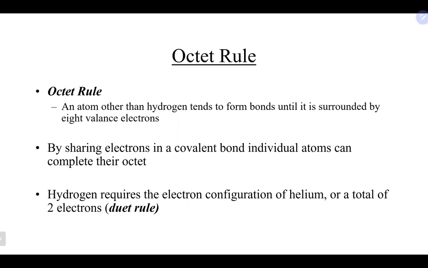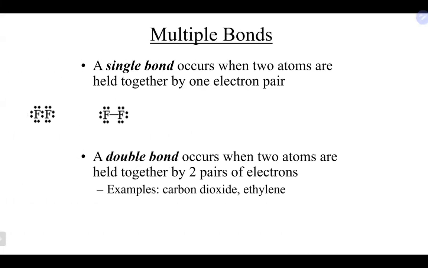Now, sometimes that requires a single bond, and you could get everybody to 8 with just single bonds. Sometimes that requires double bonds to get to 8, and sometimes it requires triple bonds. And we'll talk about the order in which you should try to draw these things. You shouldn't double bond and triple bond out of the gate, which a lot of people like to do.